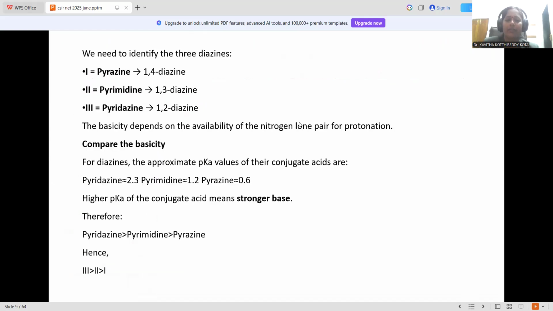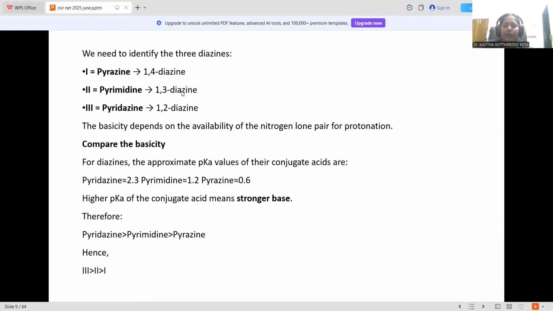In order to get that, we have options here. The first one is called pyrazine, the 1,4-diazine. The second one is called pyrimidine, that is 1,3-diazine, and another is pyridazine. There is a difference between pyrazine and pyridazine. Pyrazine means 1,4-diazine, pyrimidine is 1,3-diazine, pyridazine is 1,2-diazine.